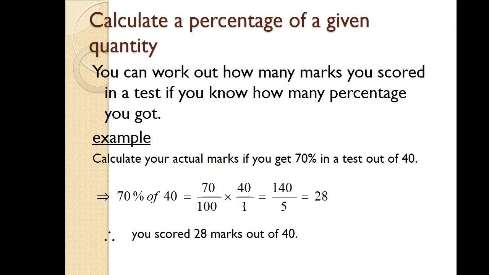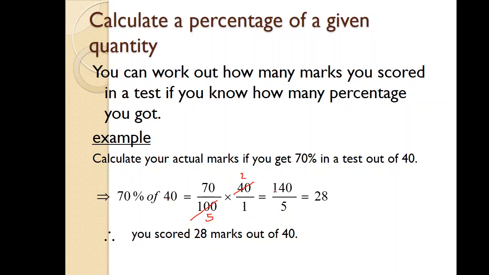From there, to make this easier, I can simplify this. You can divide the 100 here and the 40 here by 20. If you divide 40 by 20, you get 2. 100 by 20, you get 5. Now if you multiply 70 by 2, you get 140. 5 by 1, you get 5.